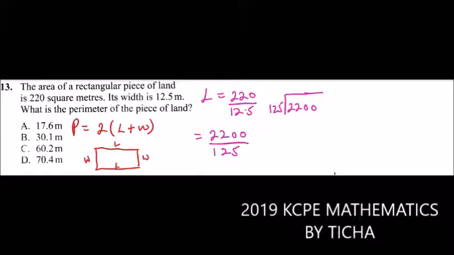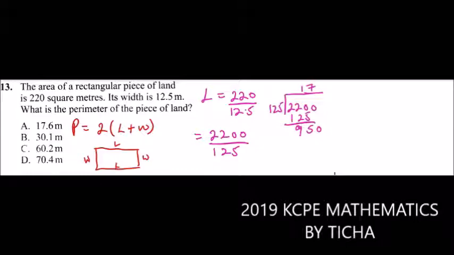So 125 will fit onto 221. So we have 125, this is 5. This is 11 minus 2 is 9. So we drop 0. This 125 can fit onto this around 7.